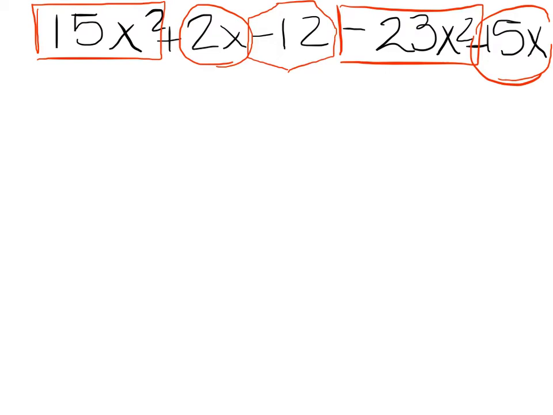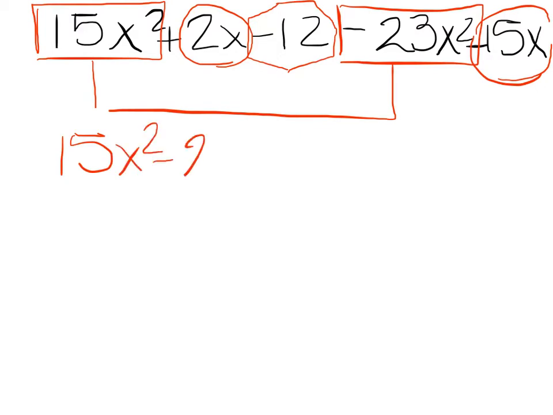So now we're going to combine our like terms. So we're going to combine our 15x squared along with our -23x squared. So then you're going to have 15x squared minus 23x squared. Now 15 minus 23 equals -8. So we're going to have -8x squared.